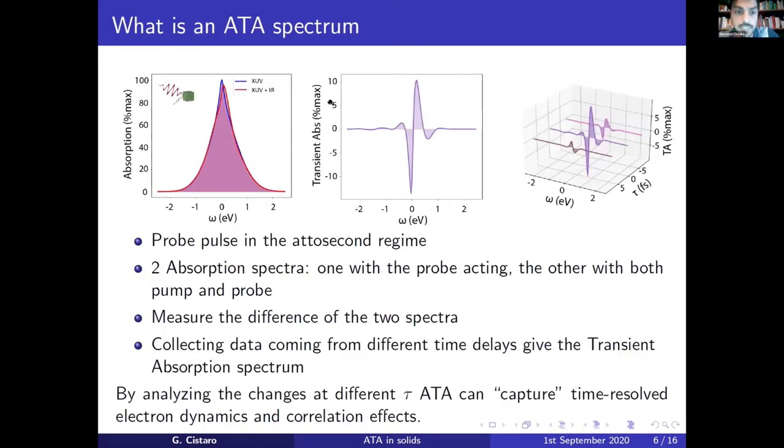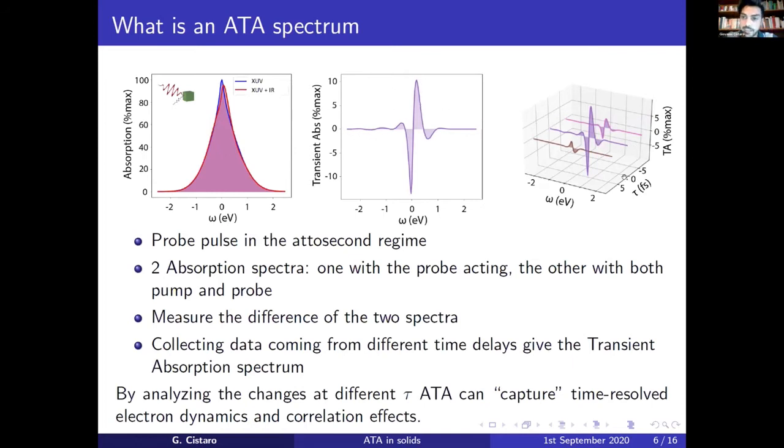So what is an attospectrum? First of all, we measure two different absorption spectra. One when only an XUV pulse is acting on the system, and the other one when this excited state is perturbed with an IR pulse. By taking the difference of these two absorption spectra, we obtain what is called the transient absorption spectrum.